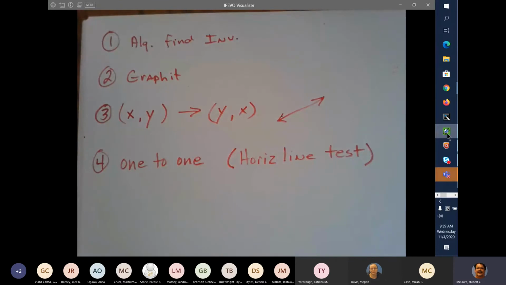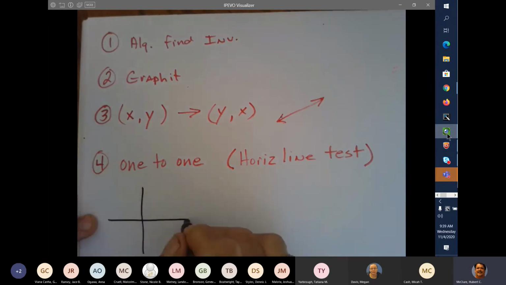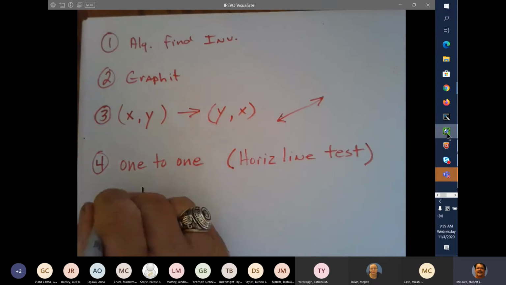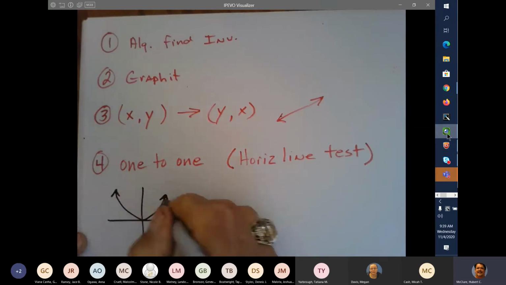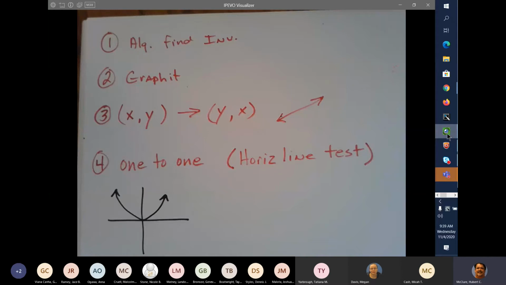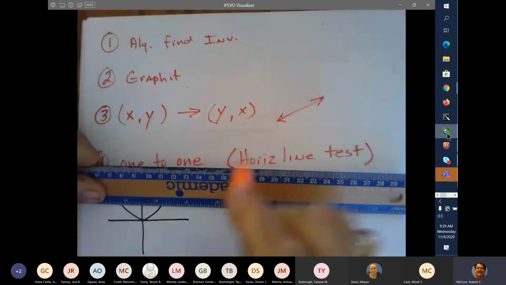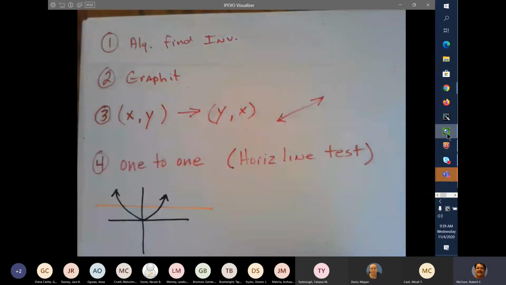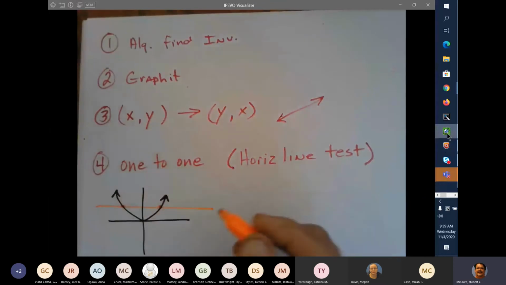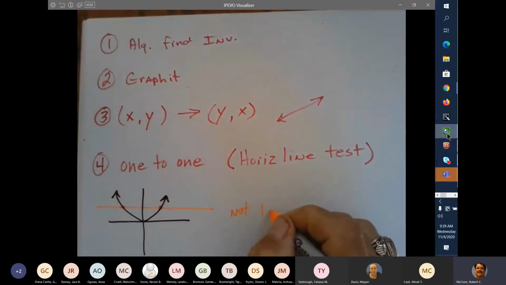So what does that mean, Hubert? Well, when you're given a graph, the horizontal line test, I'm going to draw a graph down here. And here's the function. You draw a horizontal line, and it crosses twice. So this is not one-to-one.